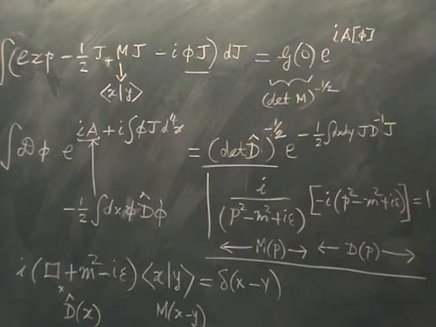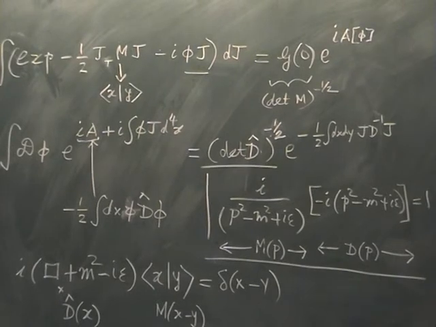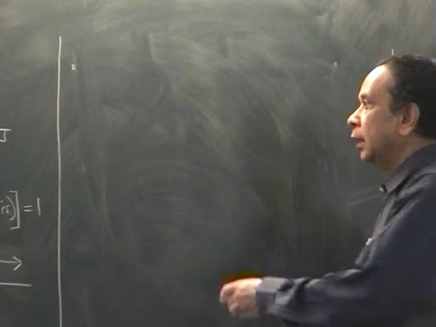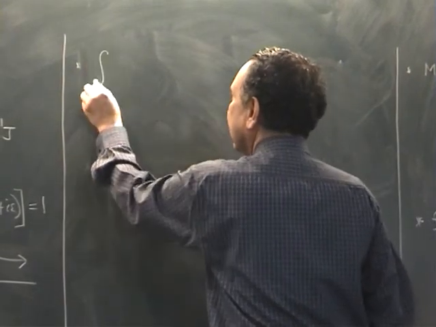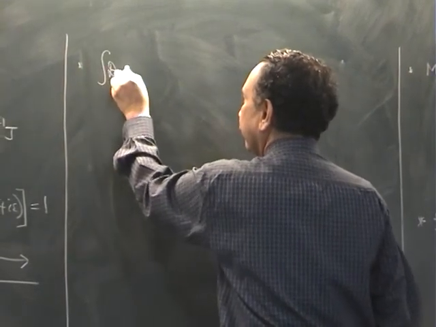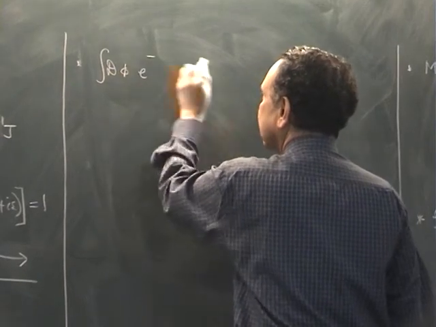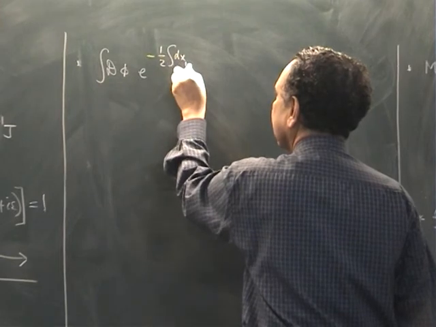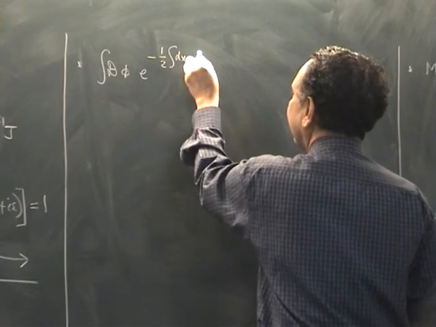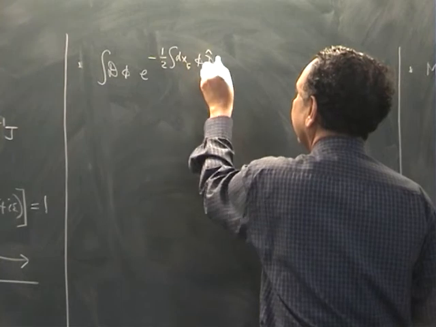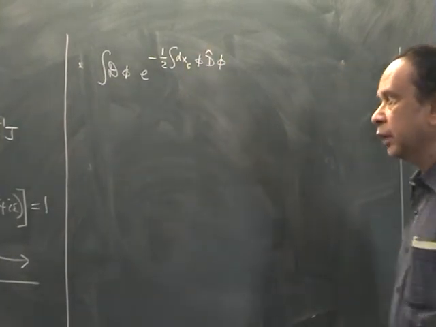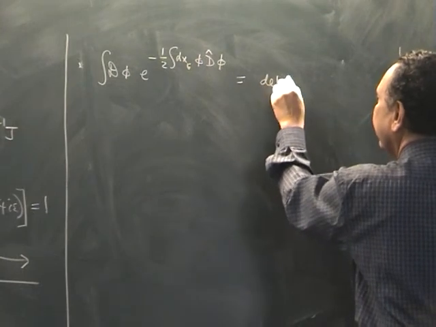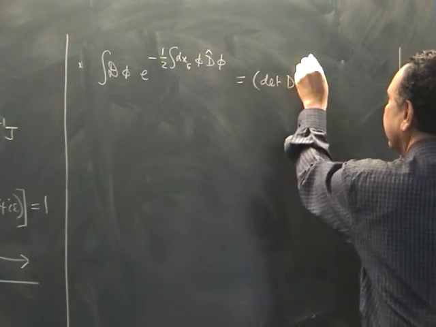So let me try to do this just for convenience in Euclidean space, because Euclidean space things work out nicer. What we have is an integral over dφ e^{-1/2 ∫ d^4x_E φ D φ}. This quantity is turning out to be determinant of D to the minus half.